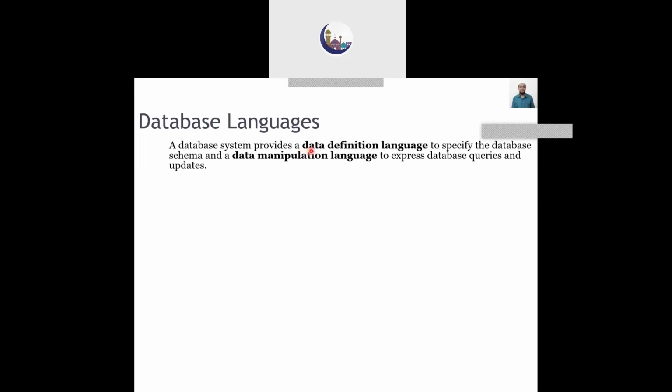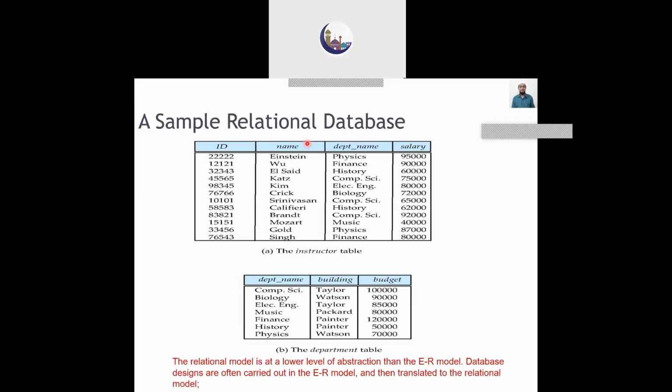For example, one category is defining the data that you are going to store. As I said earlier, I'm going to tell that here is a table called instructor. I'm defining that instructor is a table, and that table is going to contain four columns.